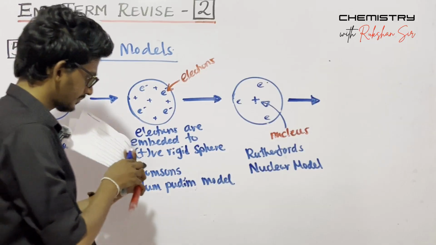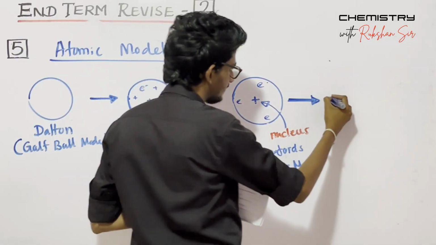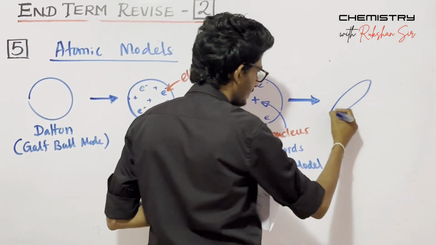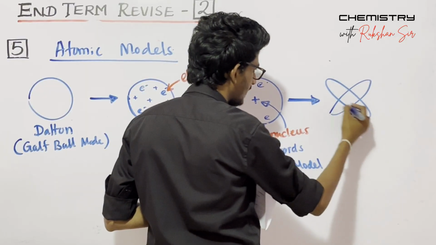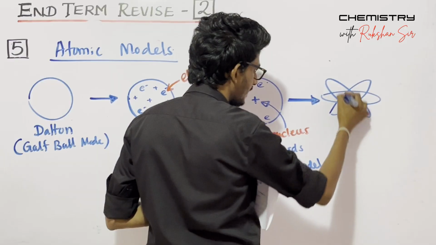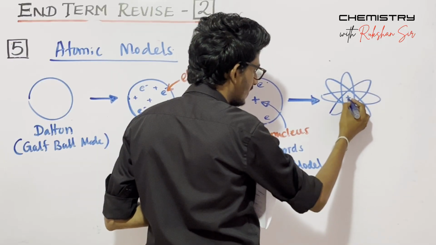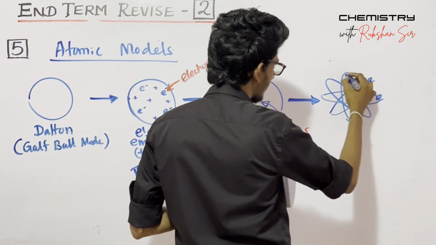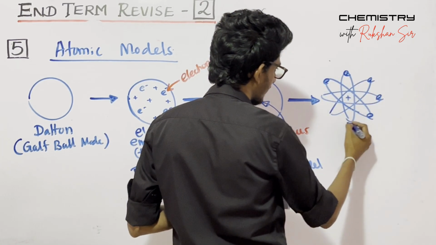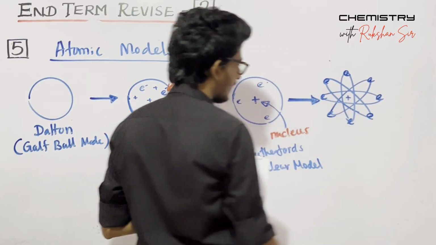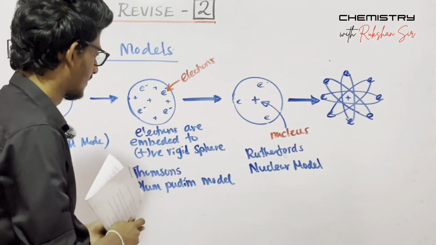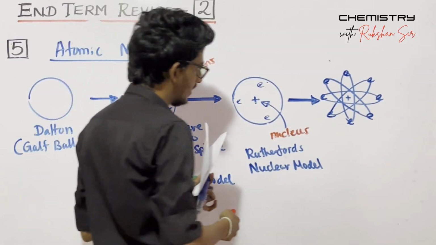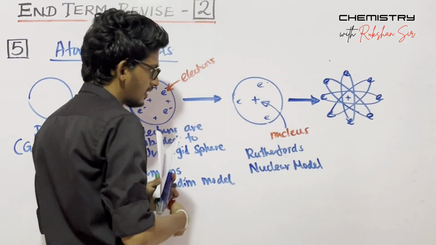Then the Bohr model introduced the energy level concept and the orbit concept, not the orbitals, but the orbits concept, right?